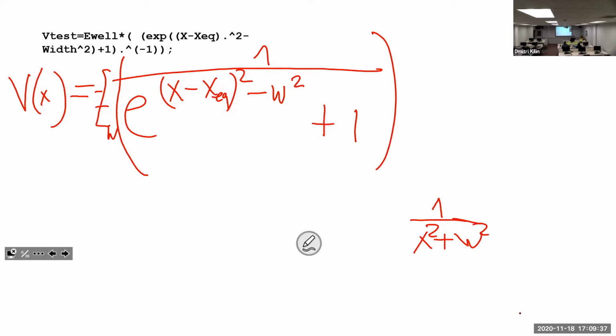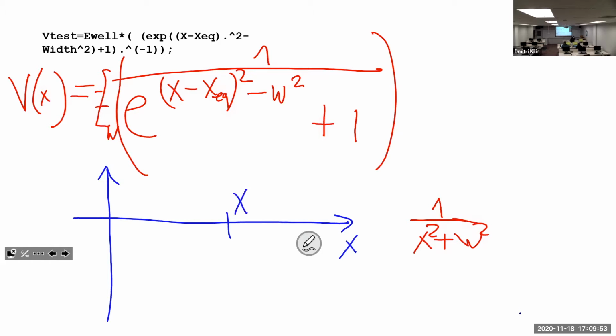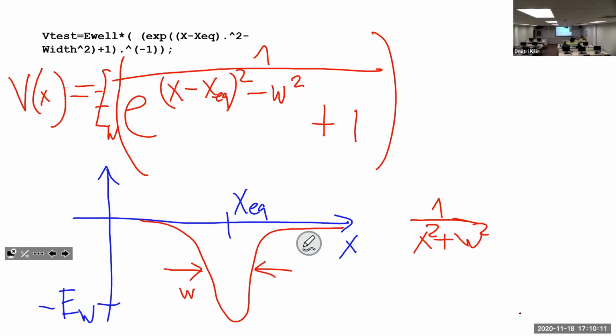But this equation sets up the attraction of an electron by an atom, with the size of the atom controlled by parameter w.